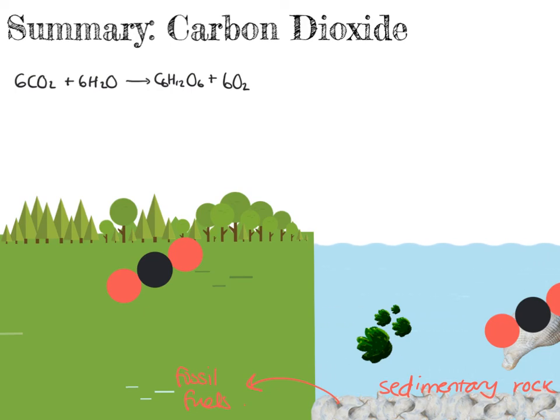So some carbon dioxide from the atmosphere ends up locked up in fossil fuels. That is another place that you need to remember the carbon dioxide has gone. So overall, from 4.6 billion years ago to our current atmosphere, the amount of carbon dioxide in our atmosphere has decreased due to all of those different processes.